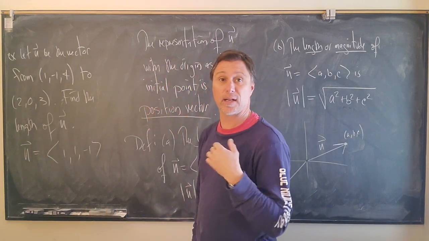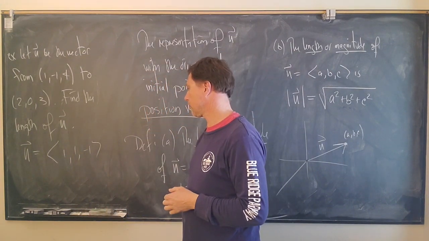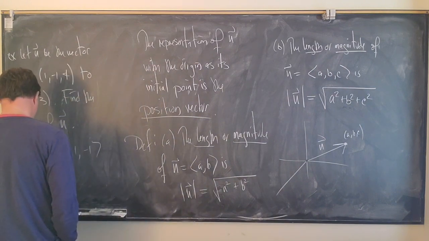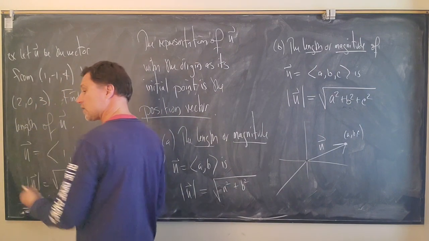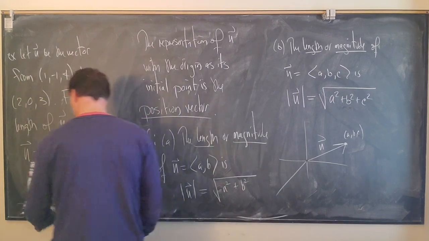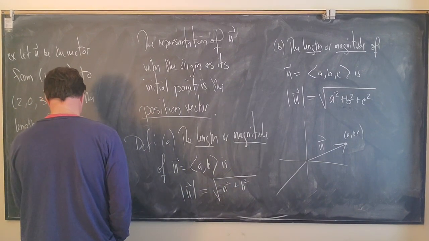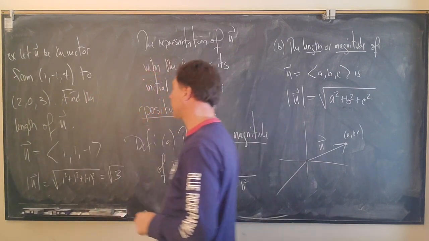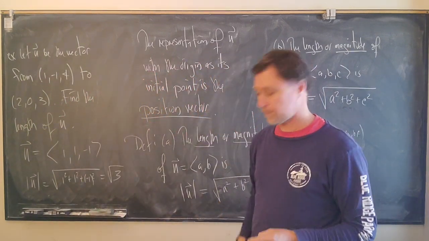So you always subtract head minus tail. Now, if we want the length of u, that's going to be the square root of 1 squared plus 1 squared plus minus 1 squared. Okay, and so the length of our vector u is square root of 3.